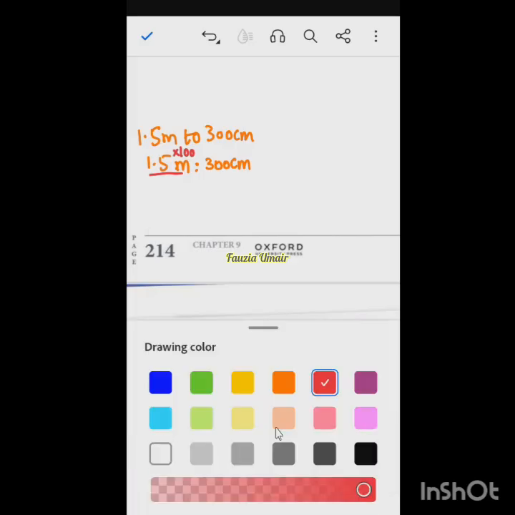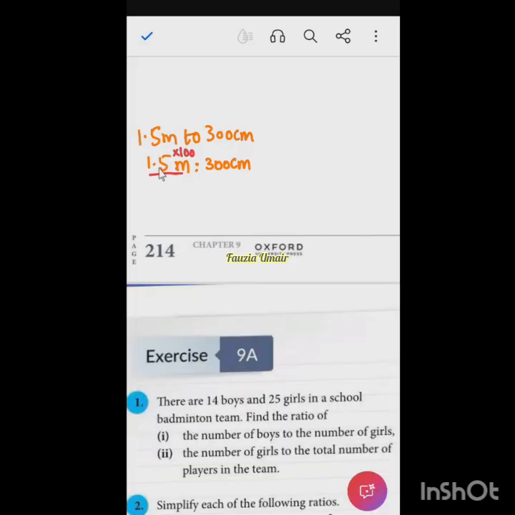So if I multiply 1.5 with 100, what will be the answer? 1500? Let me tell you. 1500 would be the answer if 1.5 were multiplied with 1000. 1.5 multiplied with 100 means, because there are two zeros in 100, I need to move the decimal forward by 2 digits.